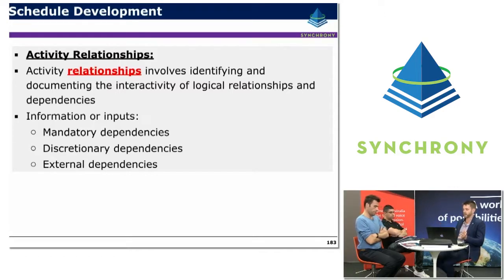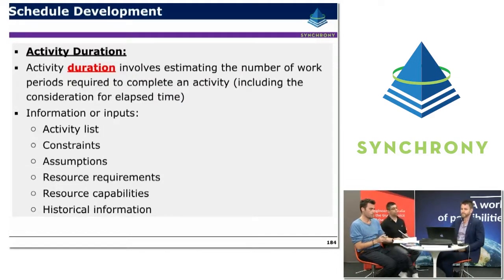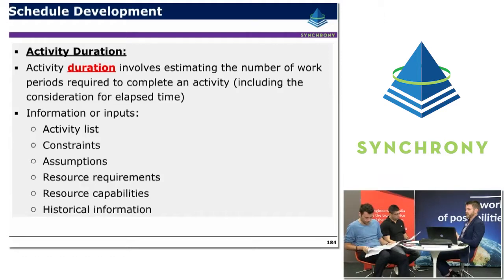There are also external dependencies that are important to model. So having identified all of your own activities, there might be links from other activities that are being performed by other groups. The activity duration involves estimating the number of work periods to complete a particular activity. And this includes any sort of elapsed time that might happen during the scope of that activity.